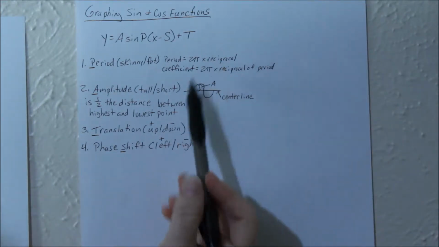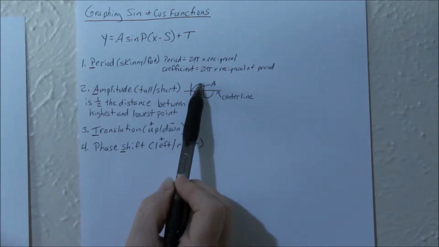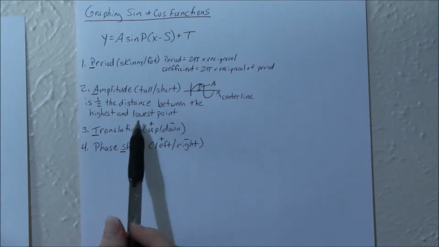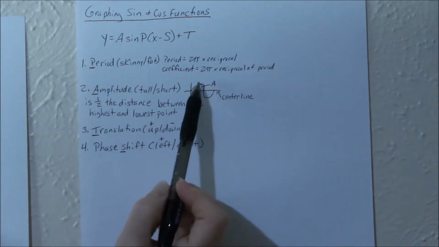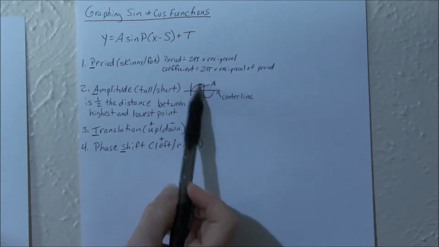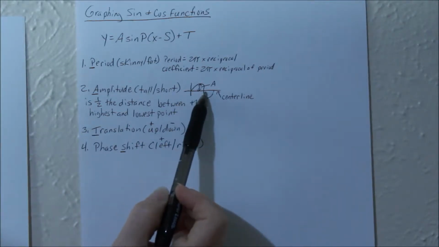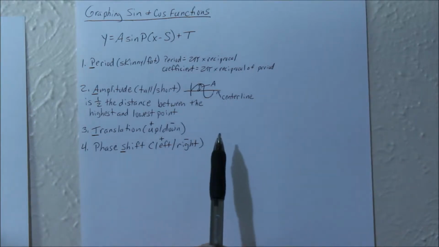So your amplitude is the distance from your center line to the very top of your curve. The other way to define amplitude is half the distance between the highest and lowest point. So here's the highest point, here's the lowest point. If you added all that, the amplitude is half the distance, which basically is from your center line to your high point, or center line to your low point.